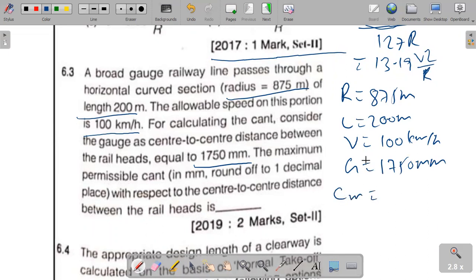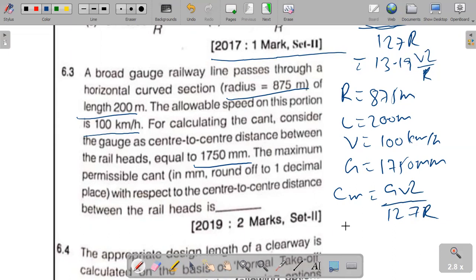And if you see my previous video of railway engineering, you'll get the value of Cm, the maximum permissible cant, which is equal to GV square by 127R.